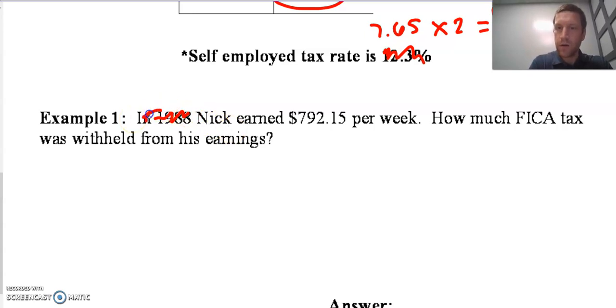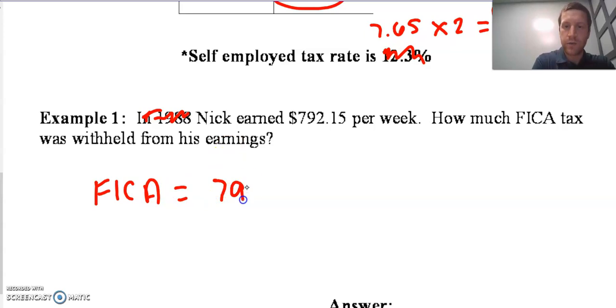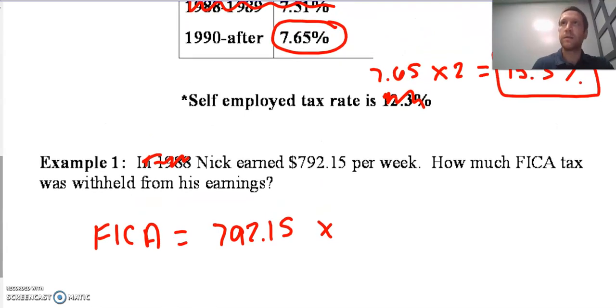But Nick earned $792.15 per week. How much FICA tax was withheld? It doesn't say he's self-employed, so we assume that he's not. So my FICA should be that 792.15 multiplied by my 7.65%, which is 0.0765.